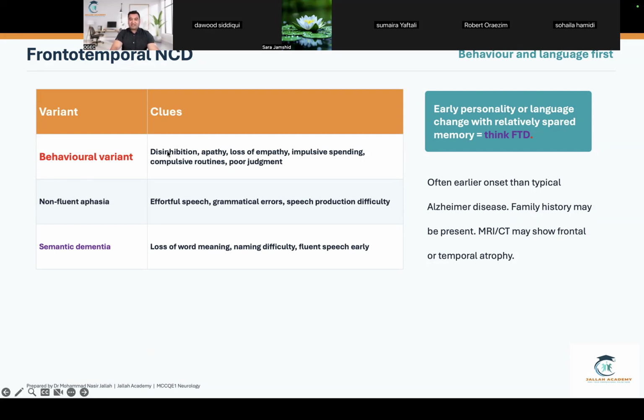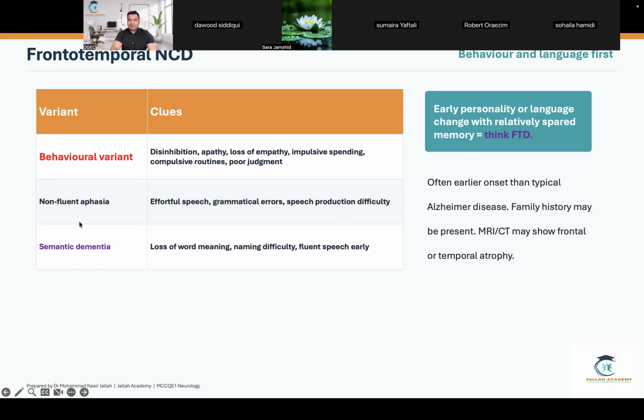Behavior change, for example, disinhibition, apathy, loss of empathy, impulsive spending, compulsive routines, poor judgment. Non-fluent aphasia: effortful speech, grammatical errors, speech production difficulty. Semantic dementia: loss of word meaning, name difficulty, and fluent speech early.